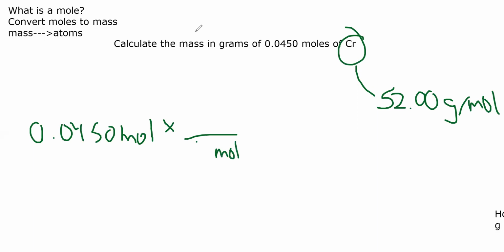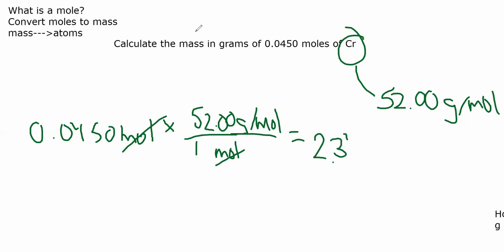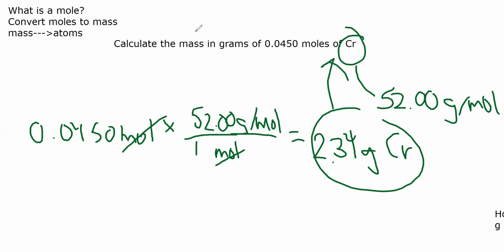So 1 mole, 52 grams per mole, and cross that, we would get 2.34 grams of chromium. So that is the mass in grams of chromium we just found.